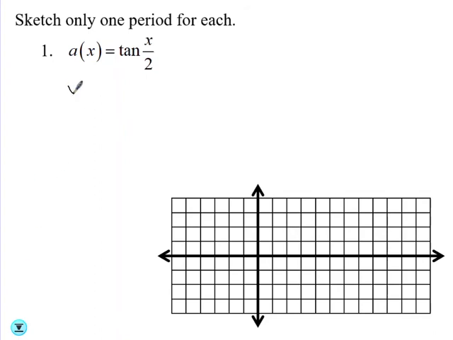In this case, we have x over 2, so we just multiply both sides by 2 and we get x equals negative pi and x equals positive pi.